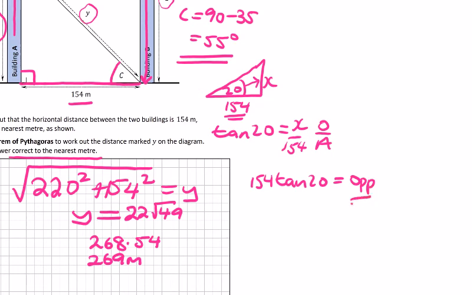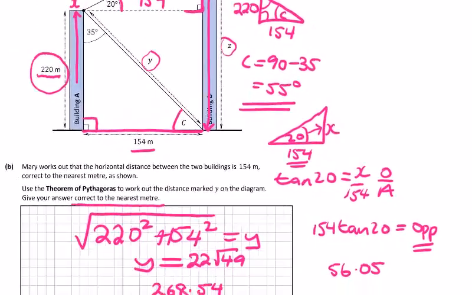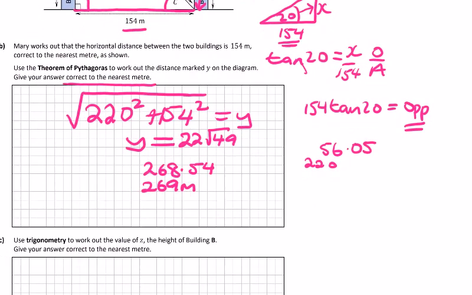I'll just write OPP so it doesn't look like a 0. So 154 by the tan of 20 is 56.05. And if we add that to 220, we will get 276 to the nearest meter for the height of building B.